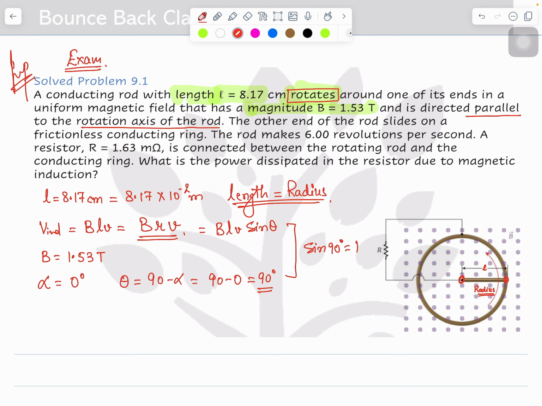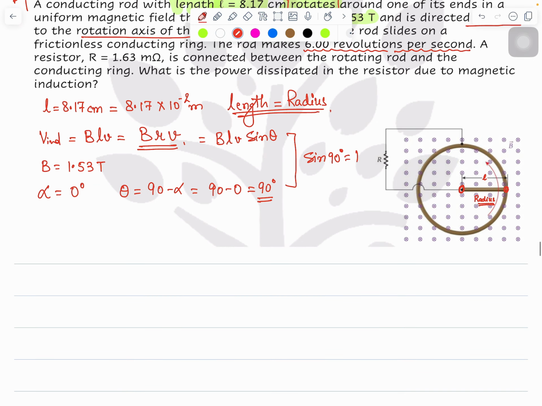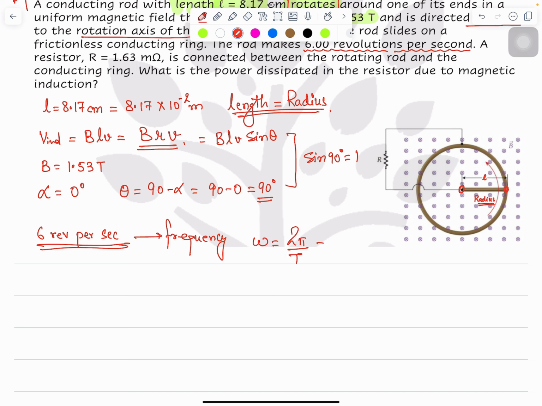Okay. The rod makes 6 revolutions per second. What is the meaning of this thing? You need to focus. I said 6 revolutions per second. It means frequency is given. Or you can say omega, which is equal to 2 pi divided by T, or 2 pi f.